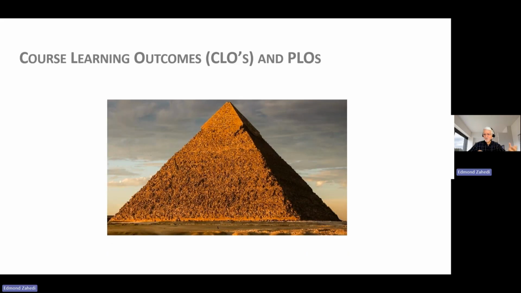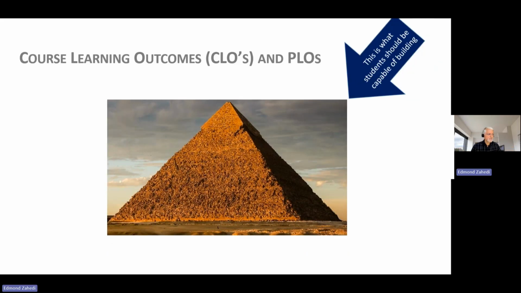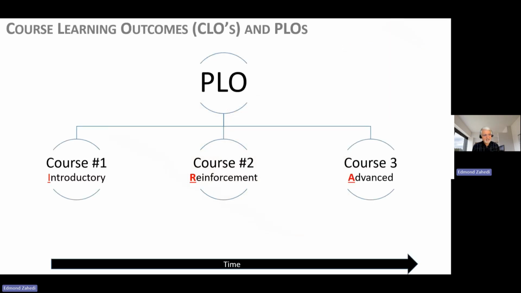But how are these IRA going to be translated into courses? What is the relation of all of that? Well, again, I love examples. Imagine that this is a pyramid that students need to build. And so one of the items is to build that pyramid, right? Students should be able to build that pyramid. So what is going to happen is that this particular PLO is going to be supported by courses at the I, course number 1, at the R, course number 2, and the A, course number 3.